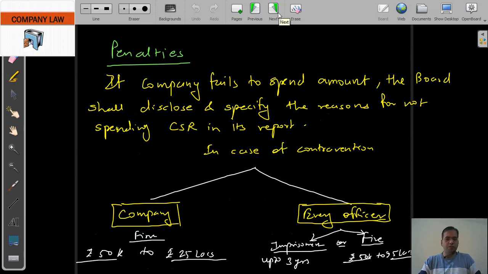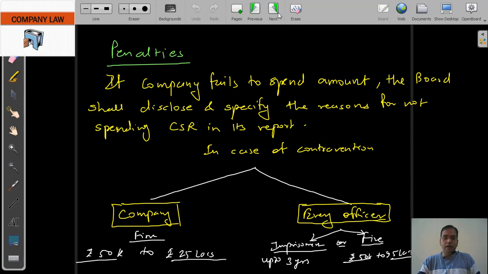For your information, in the original act the penalties were not prescribed by the lawmakers, but over a period of time this act has come into picture and we started implementing CSR. We have seen so many amendments coming in these CSR provisions, in the form of rules, in the form of clarifications from the Ministry of Corporate Affairs from time to time.